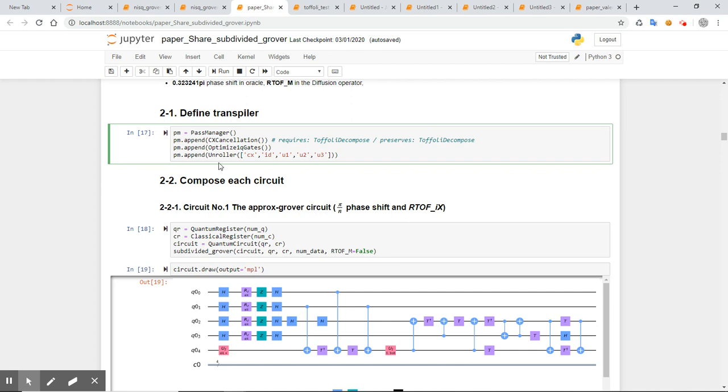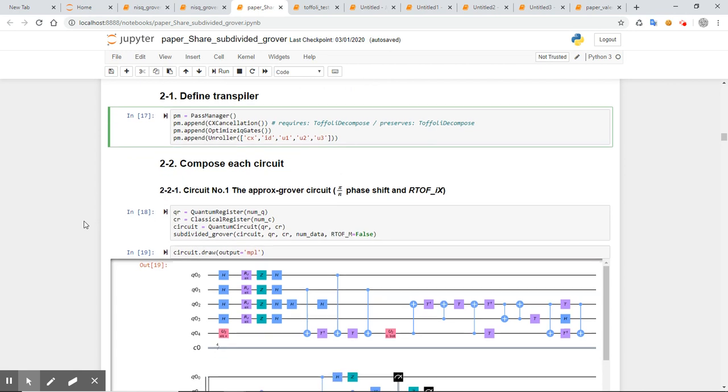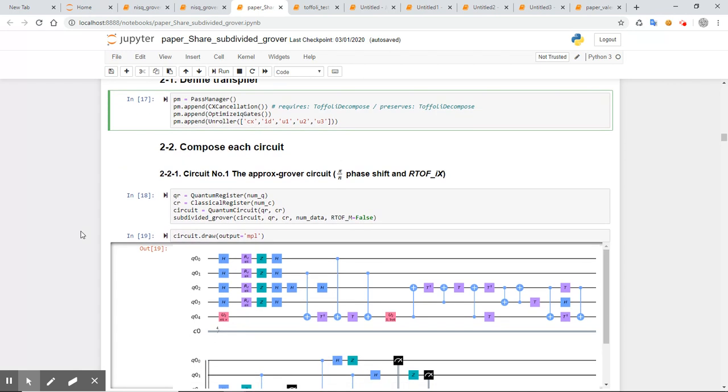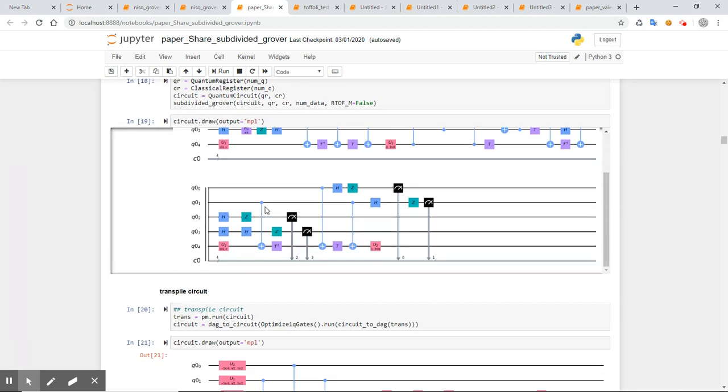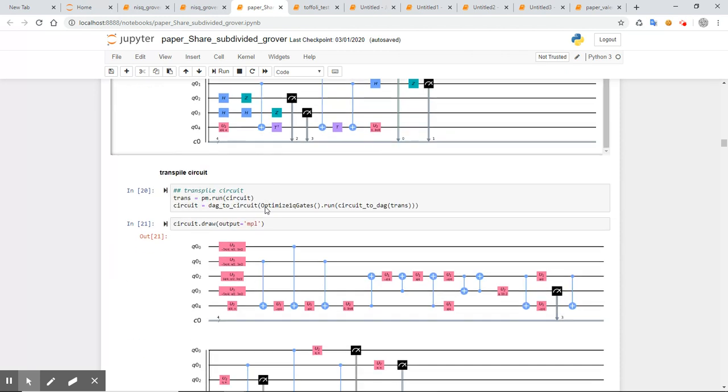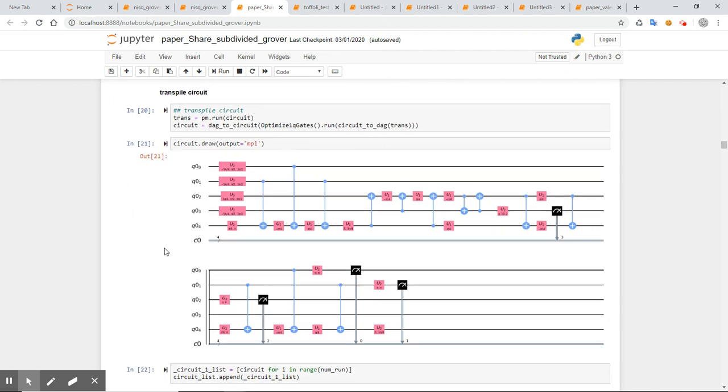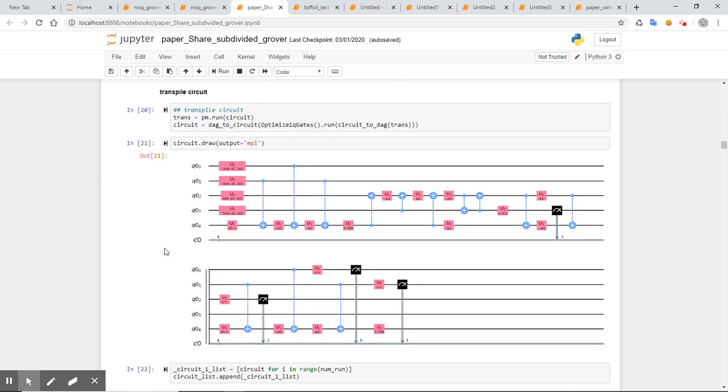I really don't know what a transpiler is. That's something that we could definitely take a look at. Compose each circuit. Circuit number 1, the approximate Grover circuit. So here they basically make all that stuff. And then there's the transpiled circuit.